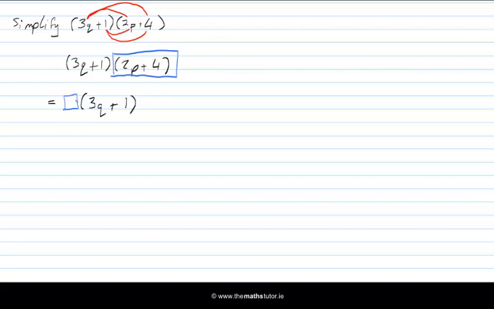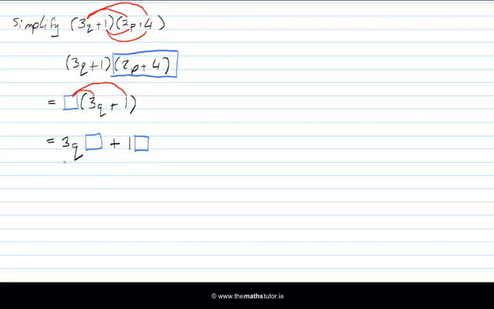Now if this was just some letter like A or B, or if it was a number like 3 or 4 or whatever, normally what you would do is you would take this number and multiply it by 3q and then multiply it by the 1 as well. So let's just do exactly that. So we get equals 3q multiplied by this block thing plus 1 also multiplied by this block, or this letter A or B or whatever it is.